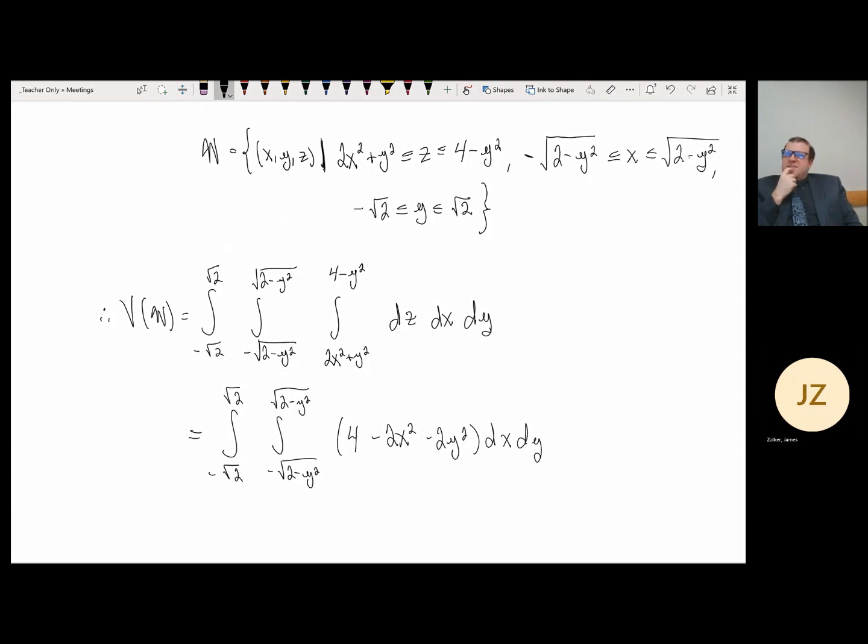Could factor out a 2 to make this easier. That does not look fun.